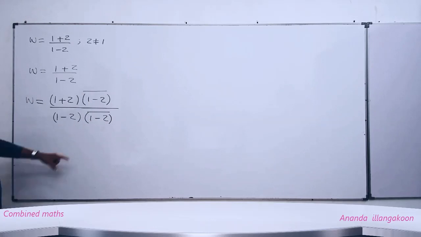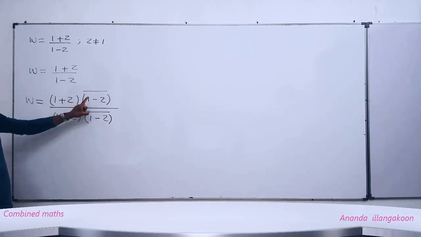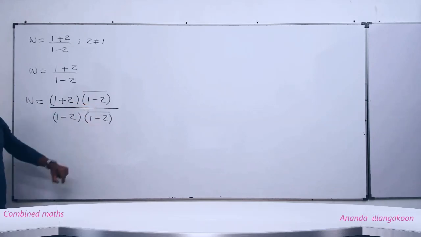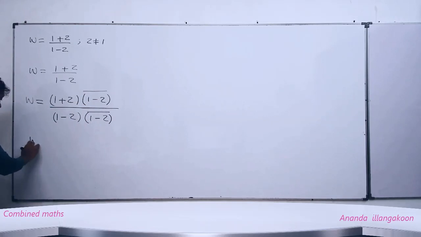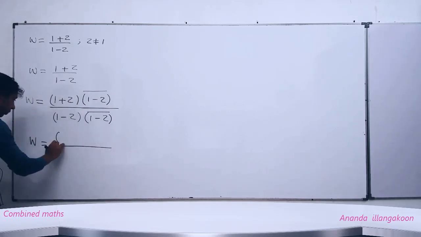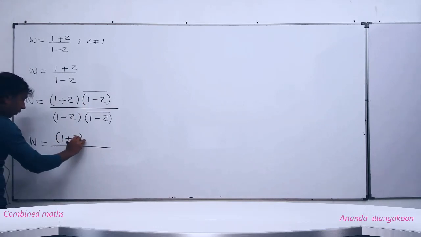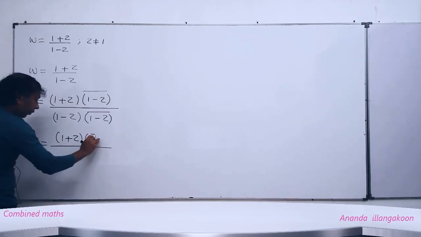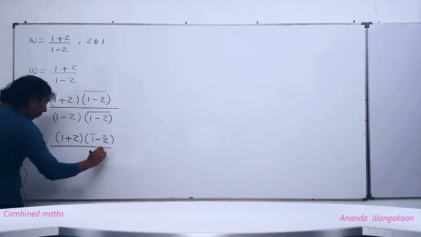Now I can apply this conjugate on this 1 and this z both. Here also the same way: 1 conjugate minus z conjugate.